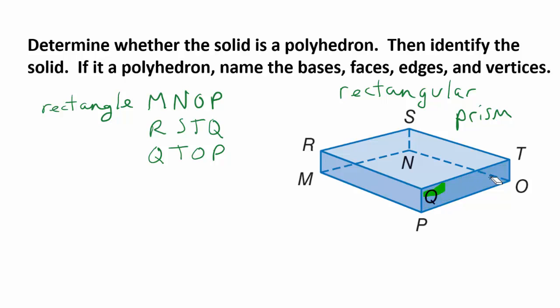Moving on, we're going to look at the one right behind it, highlight that one, like so, and then we're going to name it STON. Then, going to keep going around the back here, highlight this one here.